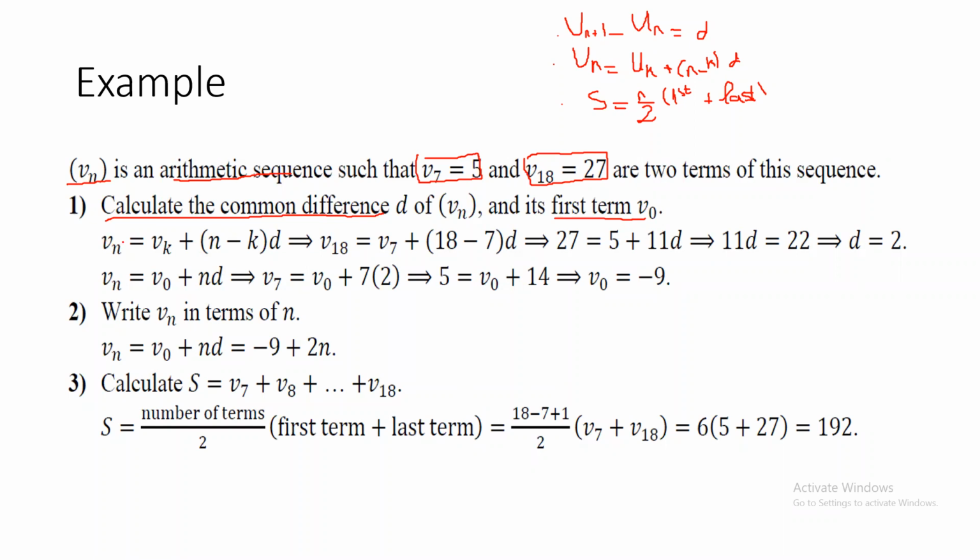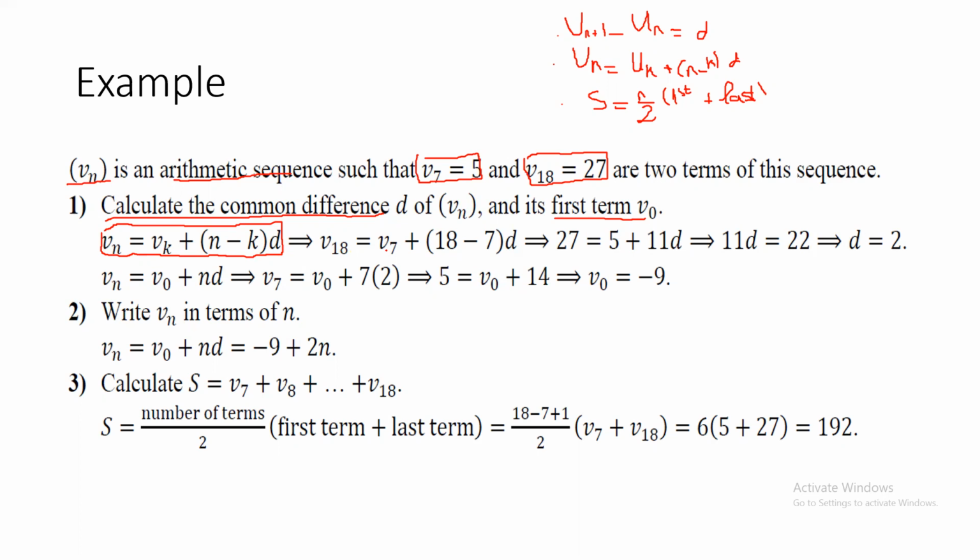Okay. So I use the rule Vn equals Vk plus n minus k times d. Here the sequence is V. So I put instead of n 18 and k is 7.